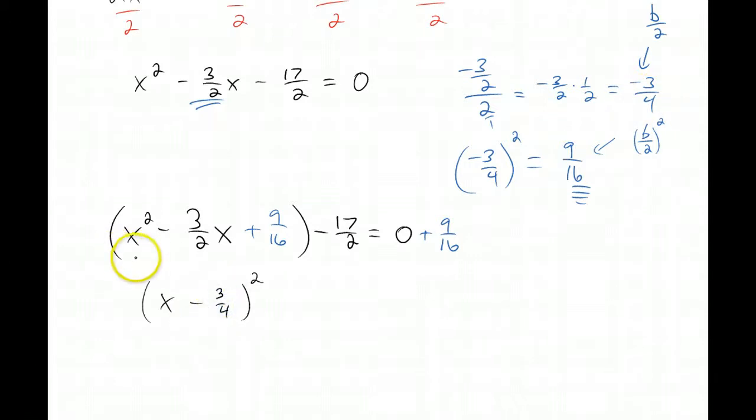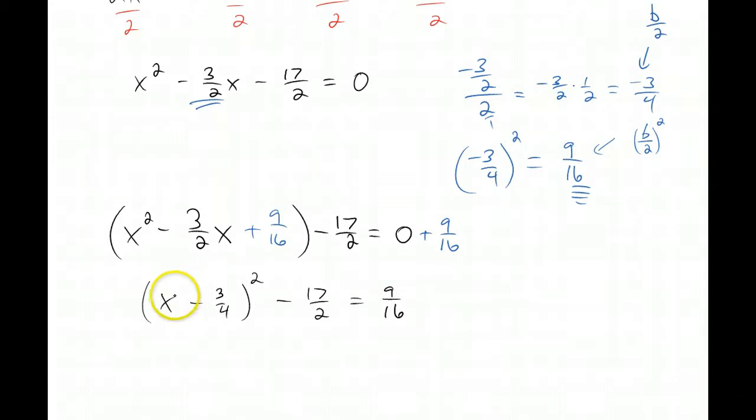As it turns out, this trinomial in parentheses is exactly this perfect square here, and you can check that if you want by foiling this perfect square back out. I'll talk you through it in a second. But I'm going to copy down the rest of the equation because we're not finished yet. We still have this negative 17/2 here, and 0 plus 9 over 16, of course, is just 9 over 16.